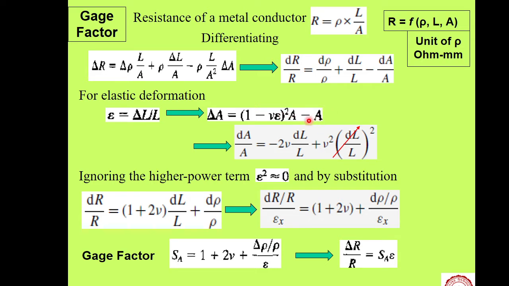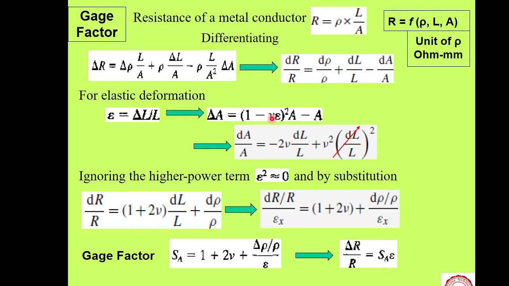Now from here, let us take A as constant. So what is our dA by A? From here, this is 1 minus nu into epsilon, whole squared. So this 1, and from here we are also having a 1, that gets cancelled.